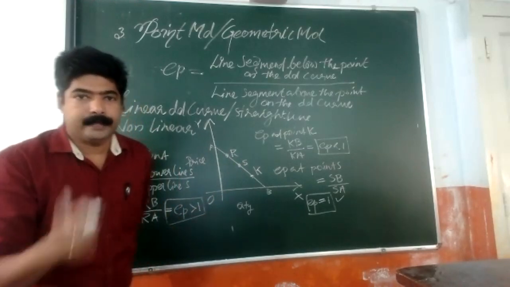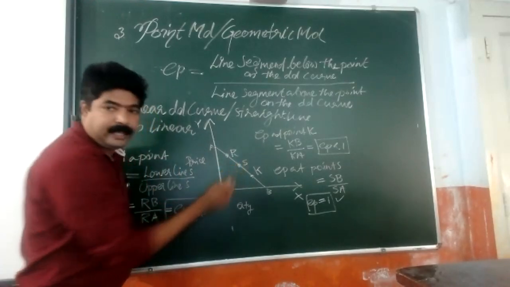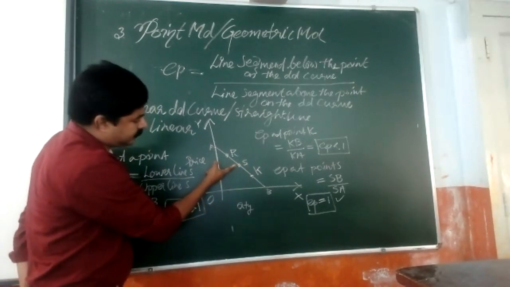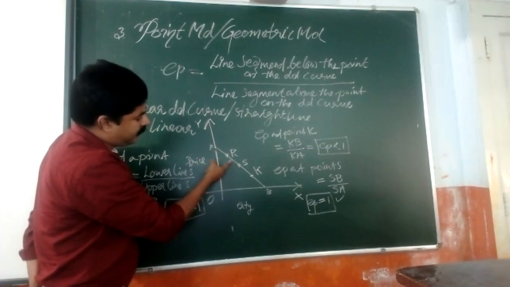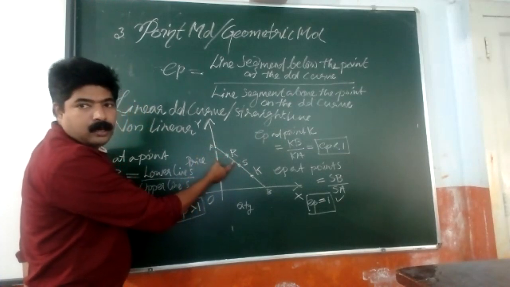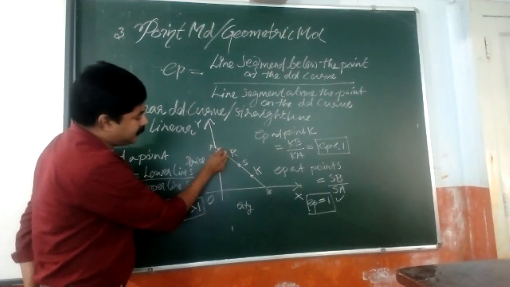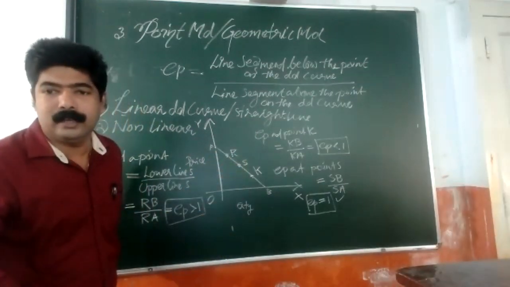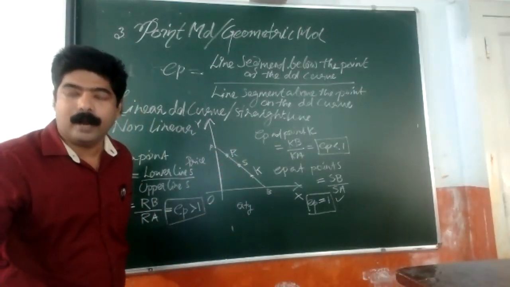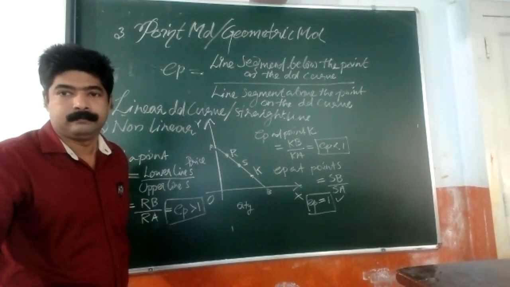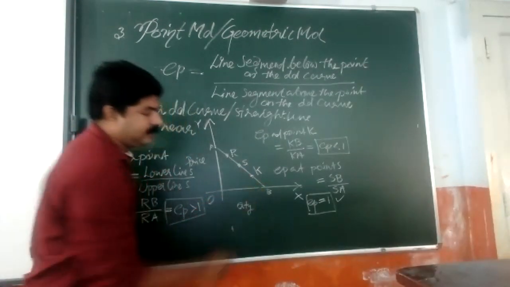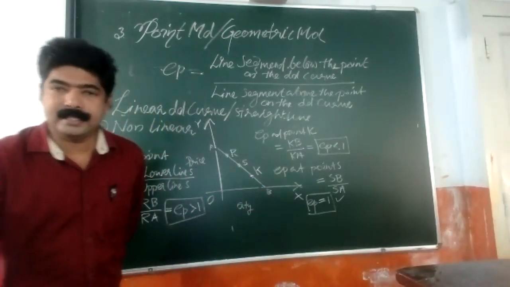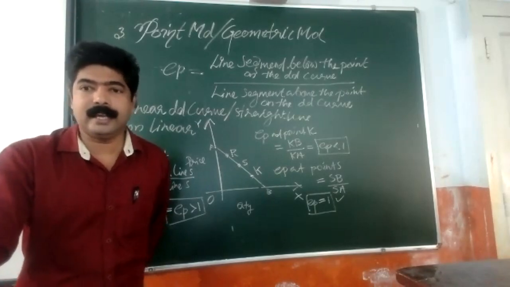Got it? Then wherever a point lies above this middle point, the value will be greater than 1. Clear? And wherever a point comes below this area, the value will be less than 1. Got the easy method?